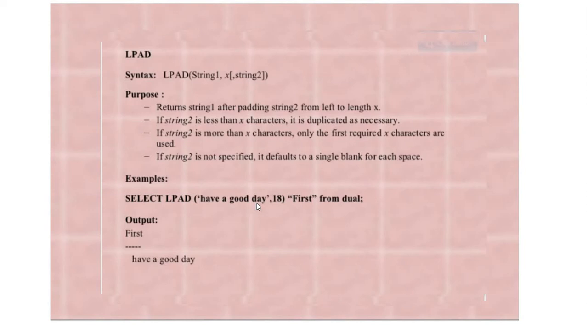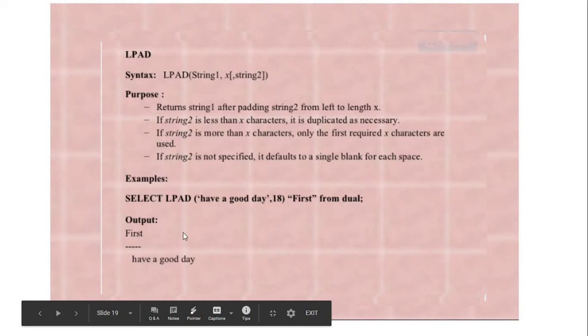So lpad will be considering that blank as the padding, and it will be inserting 3 blank spaces to the left of this string 1 and will make this complete string equal to 18 characters, or the length of the string will become 18.